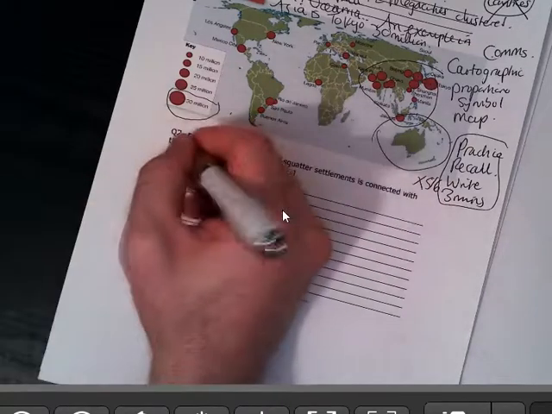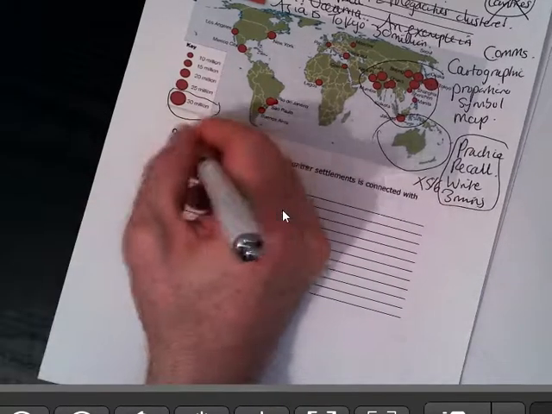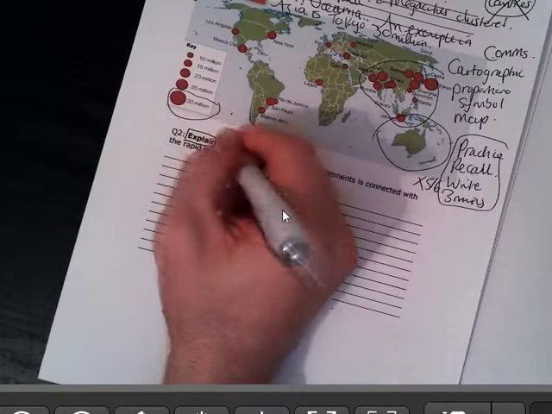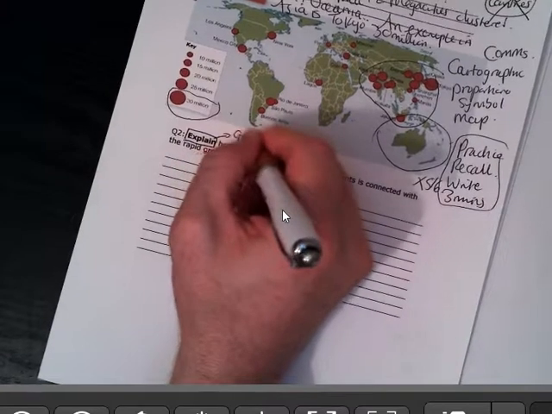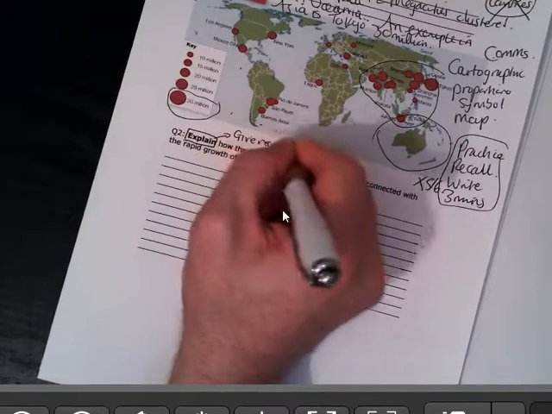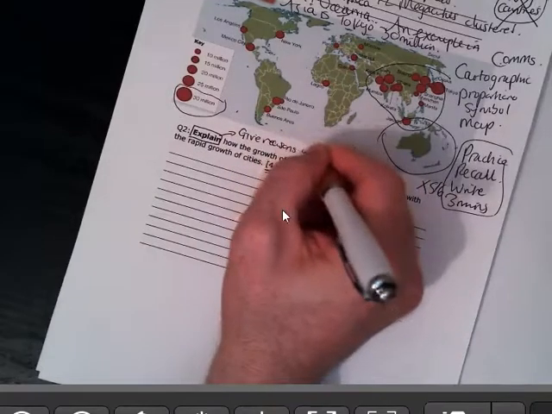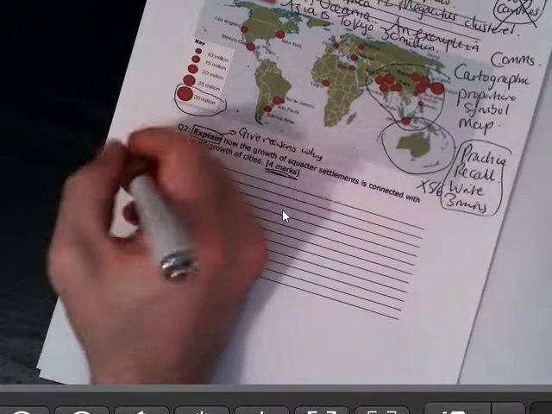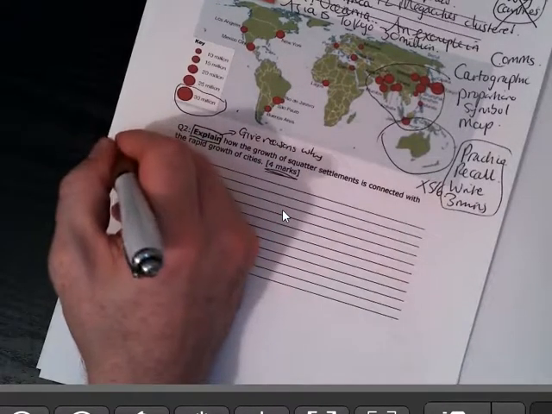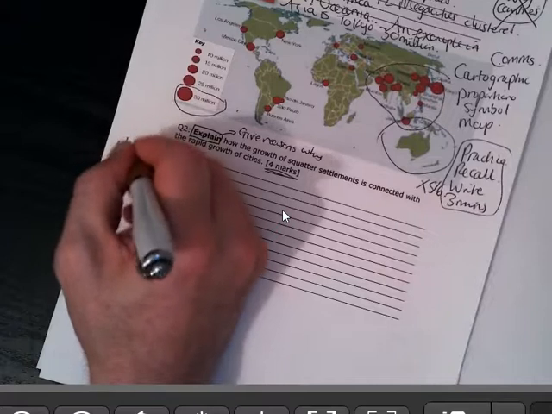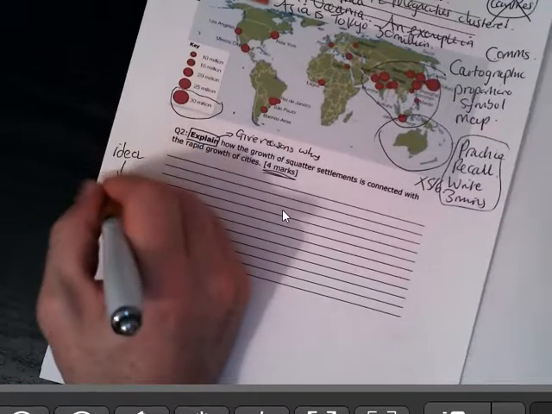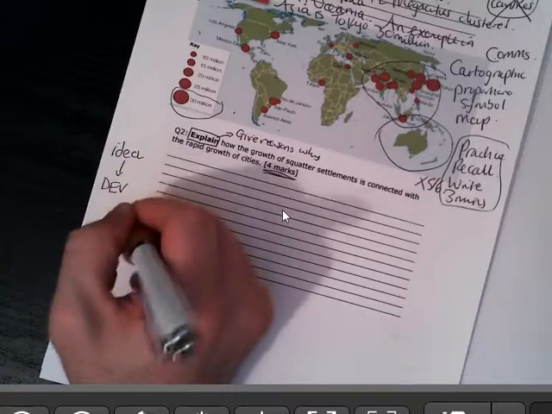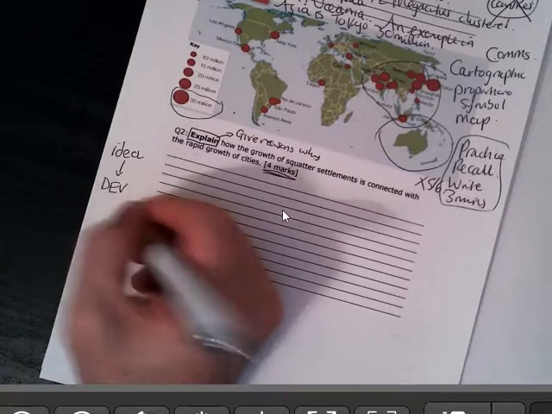So if you look at the explain, our command word is to give reasons why. And if it's an explain question, what the examiners are going to want to see is an initial idea followed by a development of your idea, so an expansion of what you've said.